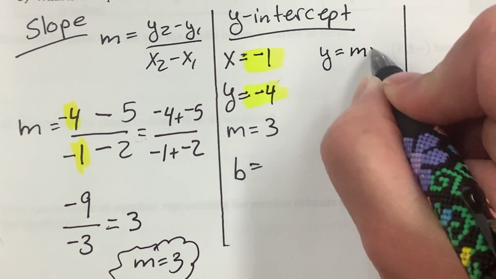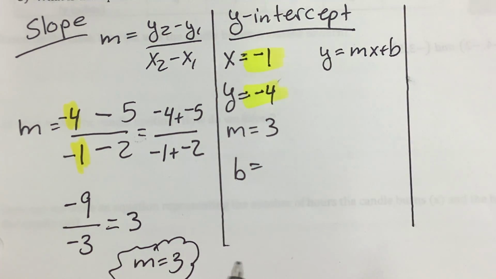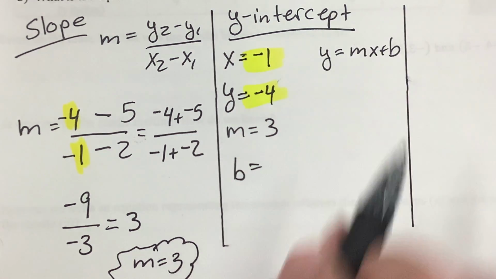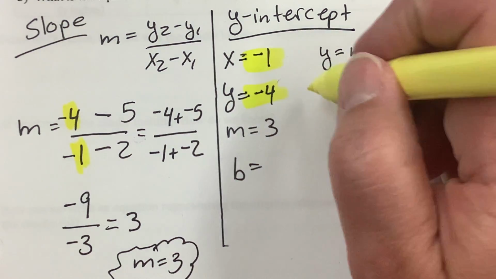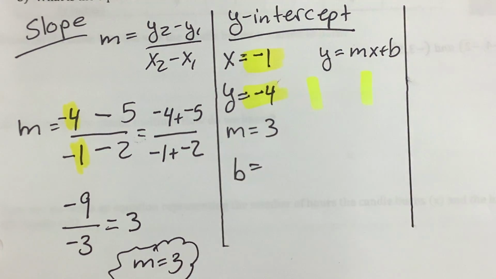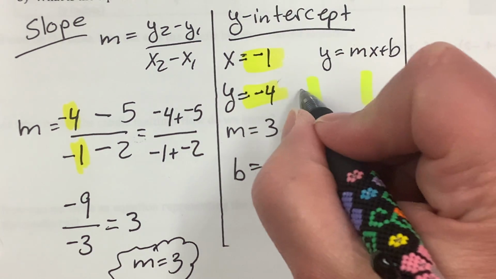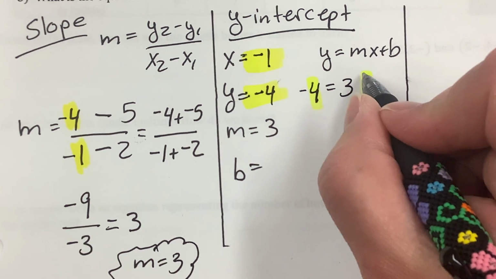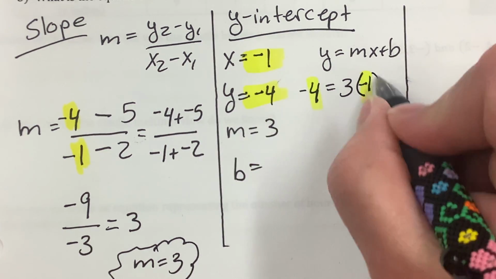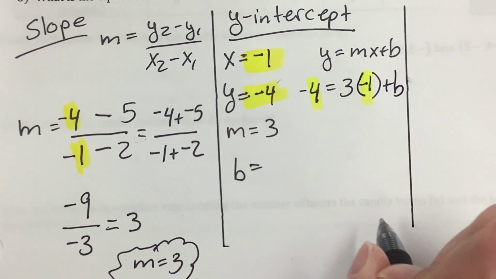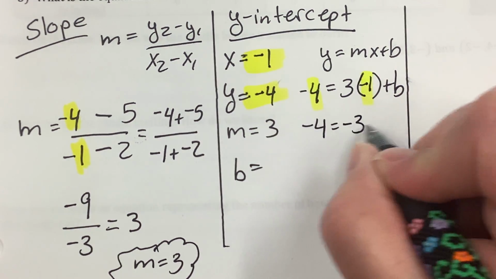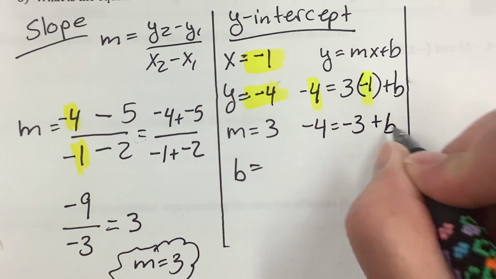y equals mx plus b. Yes, every time you use a formula, you do have to write it. That was a good question. Every time you use a formula, you do have to write it. y and x are going to get highlighted because that's me. y is negative 4 equals m is 3, x is negative 1 plus b, what I'm looking for. 3 times negative 1 equals negative 3 plus b.